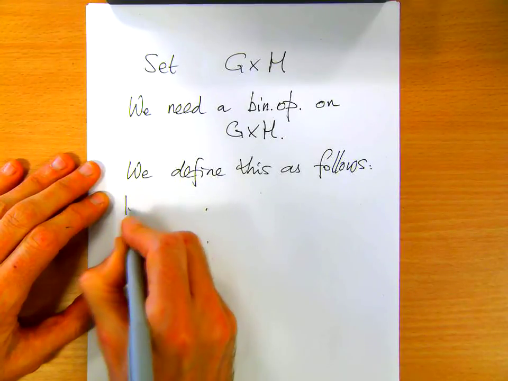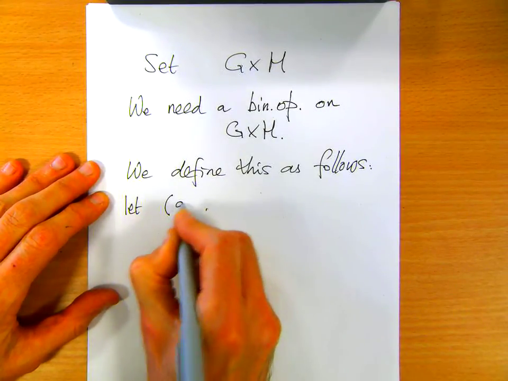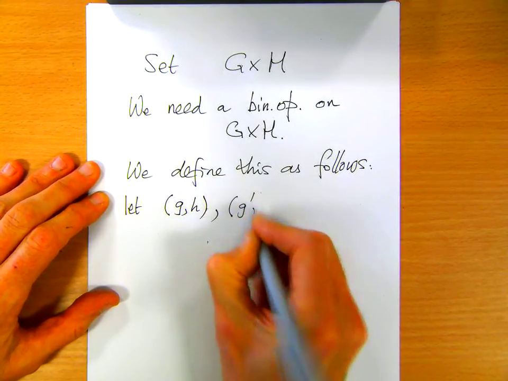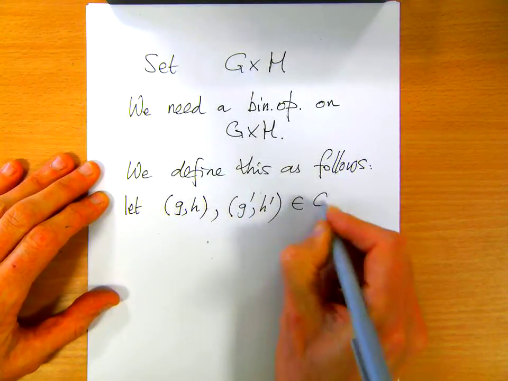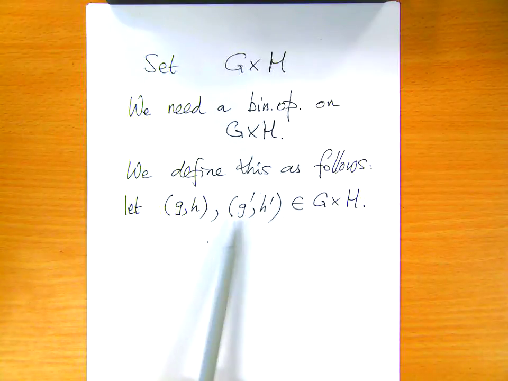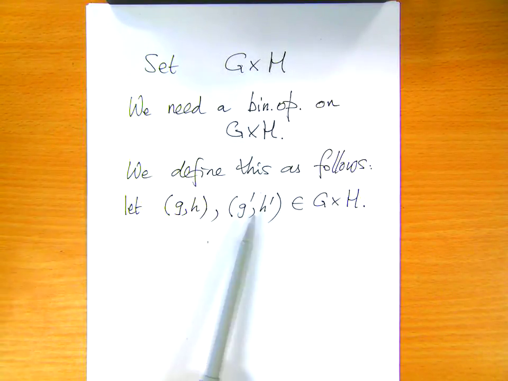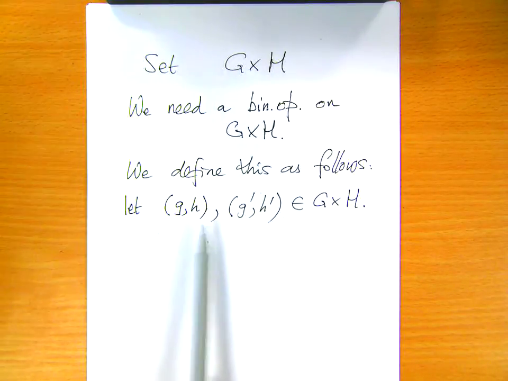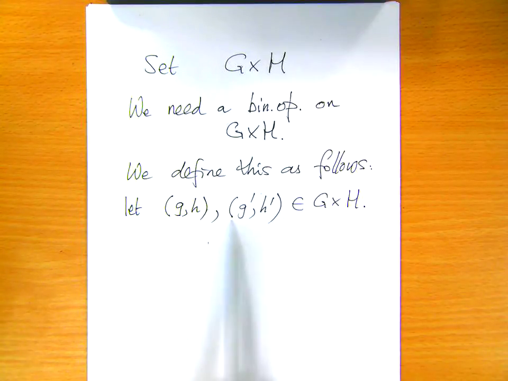Let (g, h) and (g prime, h prime) be in G cross H. So I'm taking two elements of G cross H, so each element is an ordered pair. And notice my prime here is just a way of distinguishing the second element from the first. It's nothing to do with inverses. I'm now not using primes for inverses, okay? So that's one element of G cross H, that's another one.